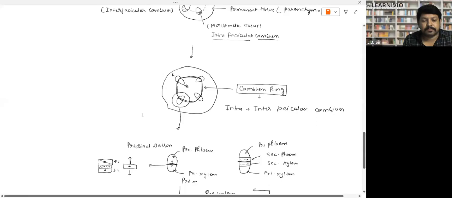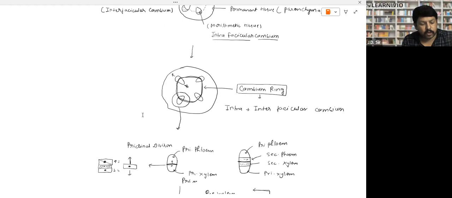Cambium ring or cambium cells divide in periclinal fashion. Full stop.